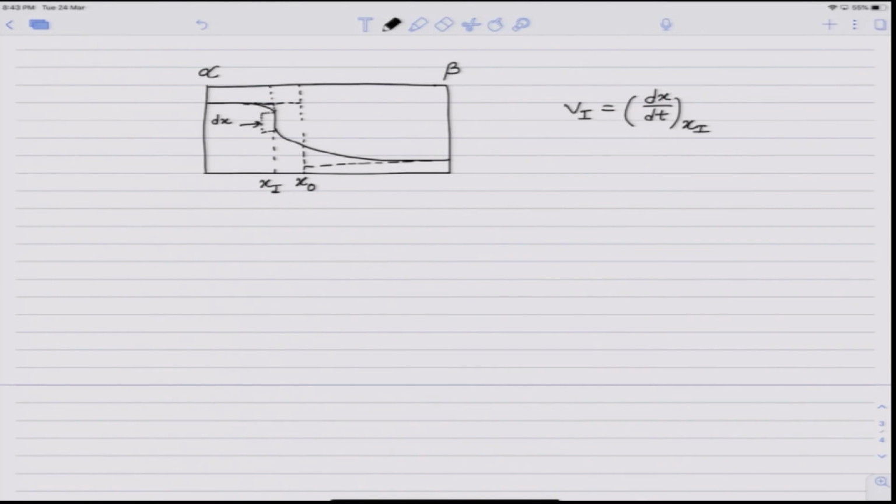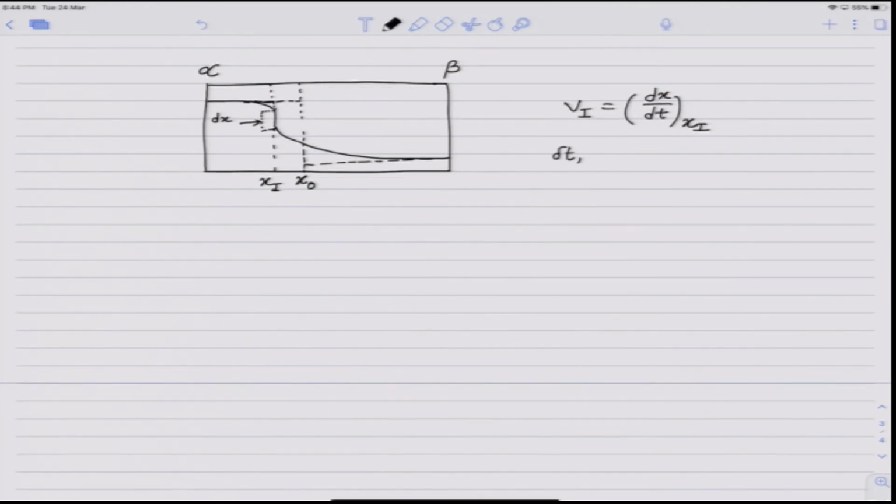Suppose the interface is moving so that the beta grows at the expense of alpha, and in a small interval of time delta t, the small volume dx is converted from alpha into beta.